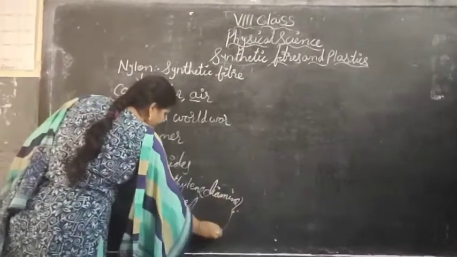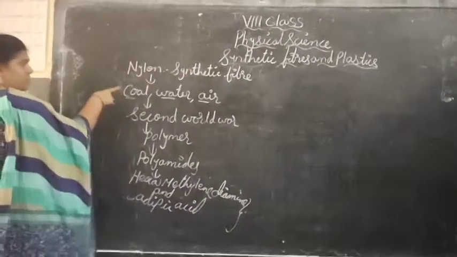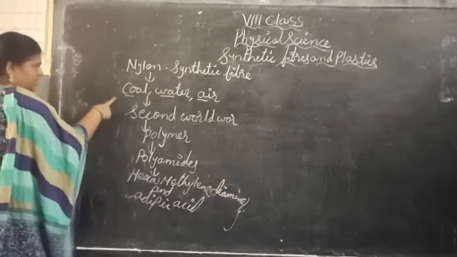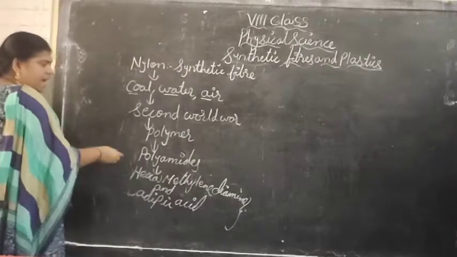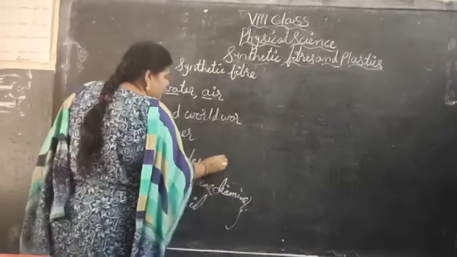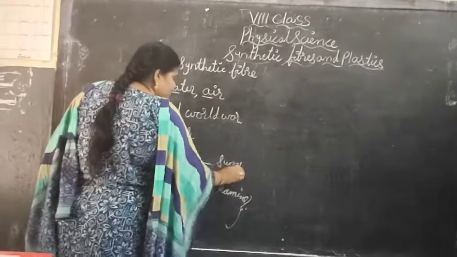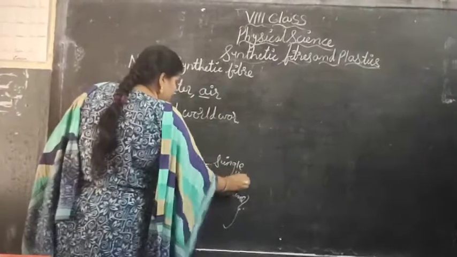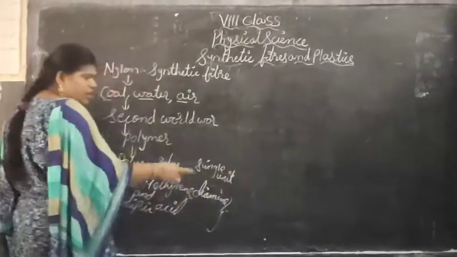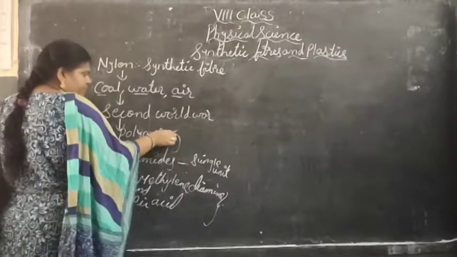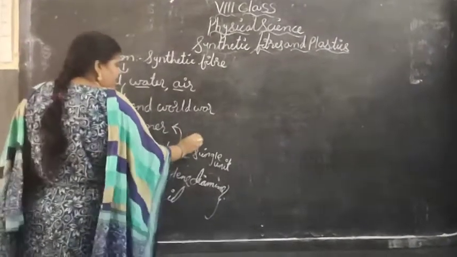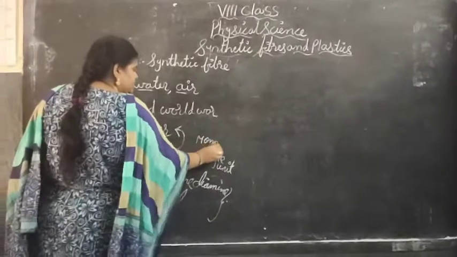These 2 are the petrochemicals which we are using. With this coal, air and water, we are also using polyamides. Here the polyamides are in single units. All these single units join together to form the polymers, and these single units are called monomers.